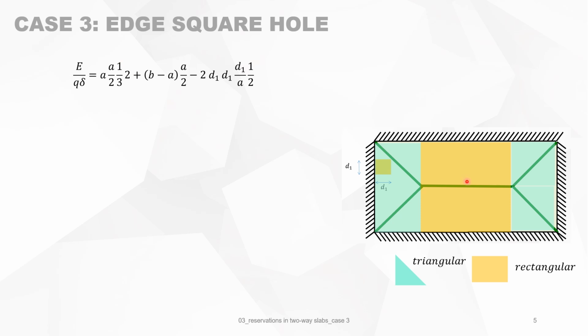So this area is A over 2 times A over 2 times delta times 1/3, and we take it twice. And for the rectangular, it's A over 2, and it's in fact B minus A, which is those two areas. And when we got this, we subtract the hole.